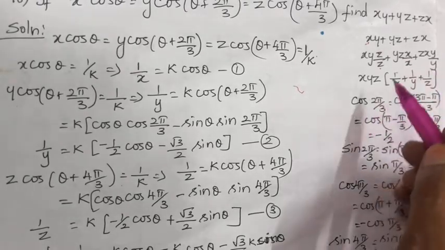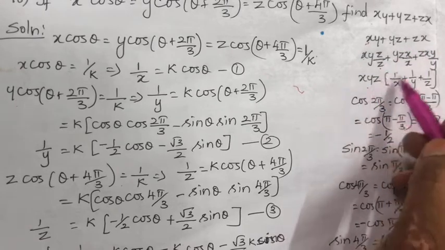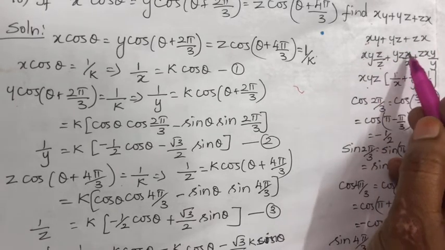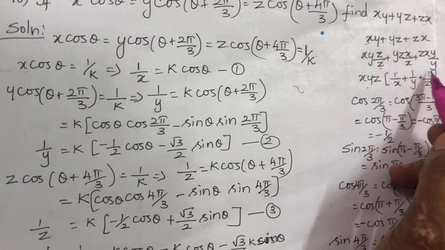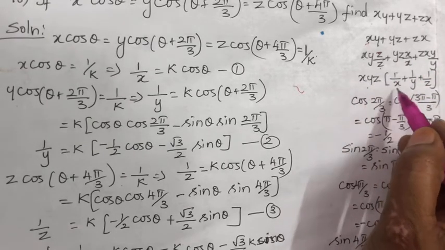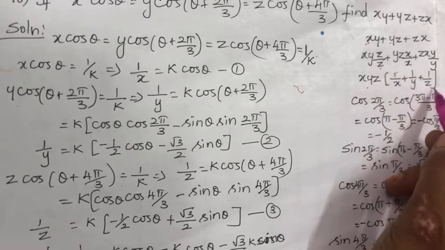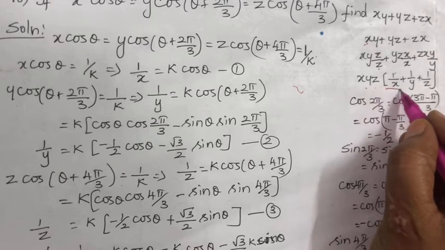If we take xyz as common, the remaining terms will be 1 by z, 1 by x and 1 by y. So within brackets I get 1 by x plus 1 by y plus 1 by z. Let it be.